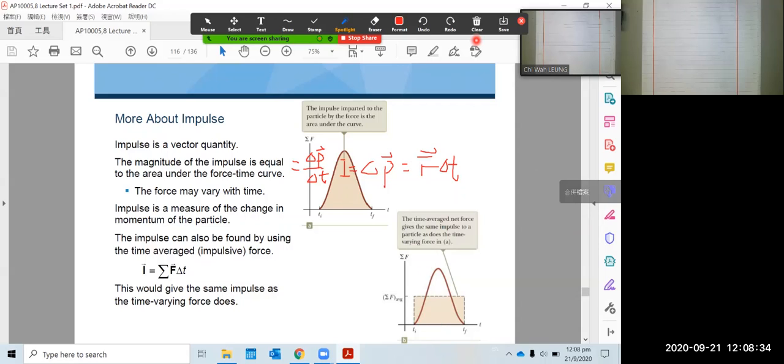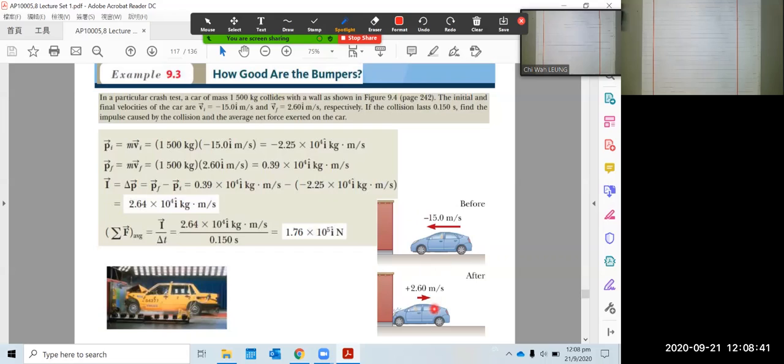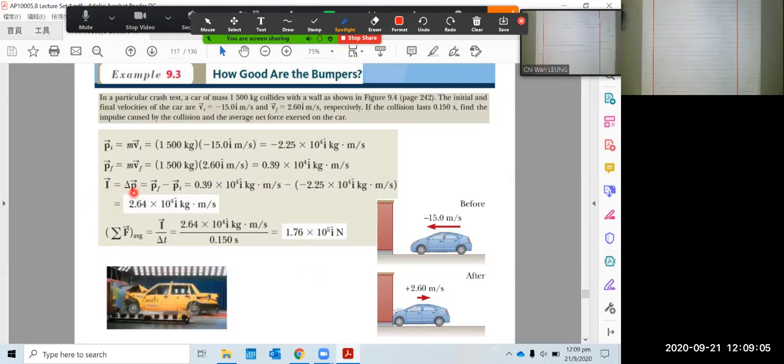So in order to bring about the change, you may need a very large force if you let the change occur in a very short time. On the other hand, if you allow the change to take place over a long time, then the force would be much smaller for the same momentum change or the same impulse. So this is the idea. The impulse is just the change of the linear momentum.